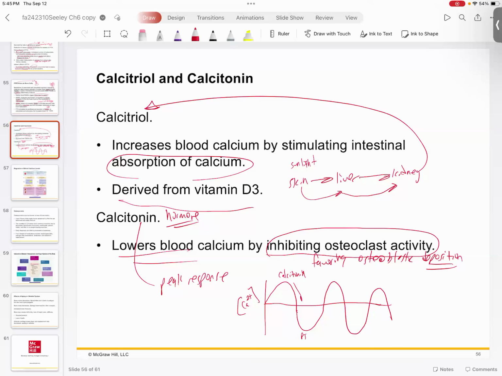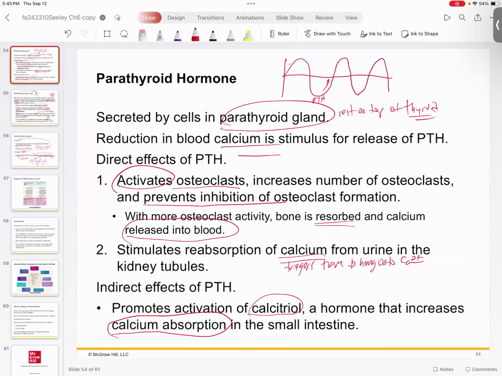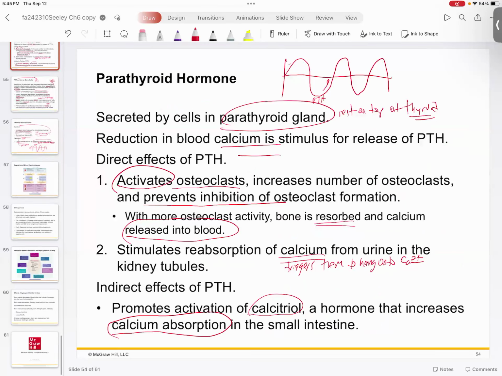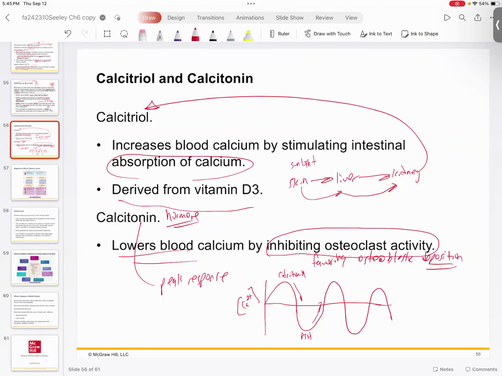And then you have PTH at the trough response that basically uses those three mechanisms to dump calcium into the bloodstream, which is essentially liberating it with osteoclast activity from the bone, co-absorbing it with calcitriol stimulation, and then the third one, which is, drawing a blank on that one. Oh yeah, the RANKL piece. So stimulating the production of RANKL so that you can turn on all those osteoclasts.